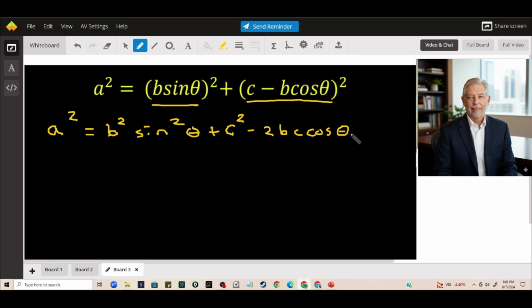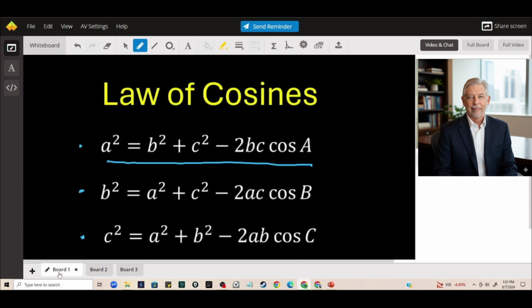A negative times a negative is a positive, so plus B squared cosine squared theta. So we go back to board 1, and we say, how are we going to come up with A squared is equal to B squared plus C squared minus 2BC cosine A?